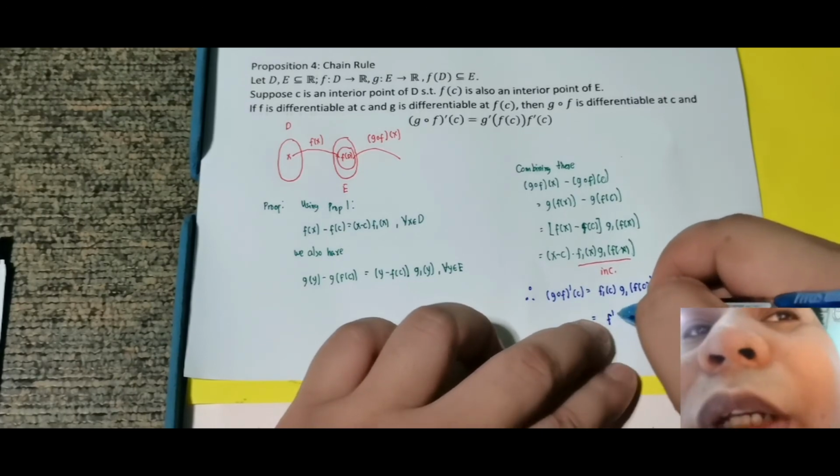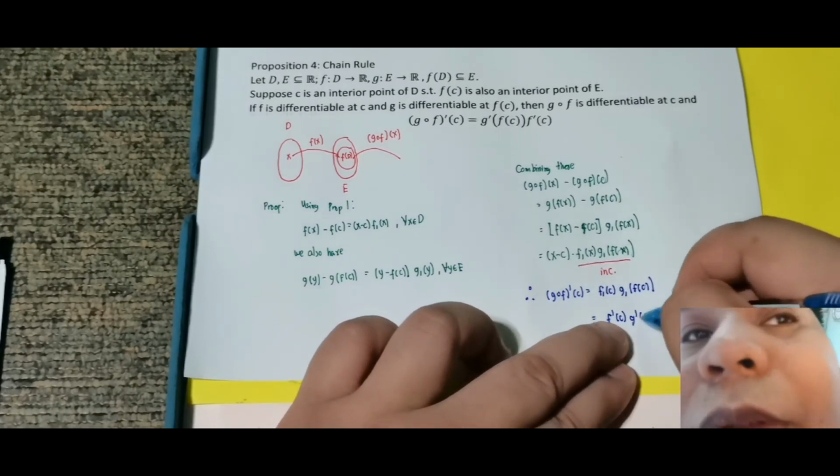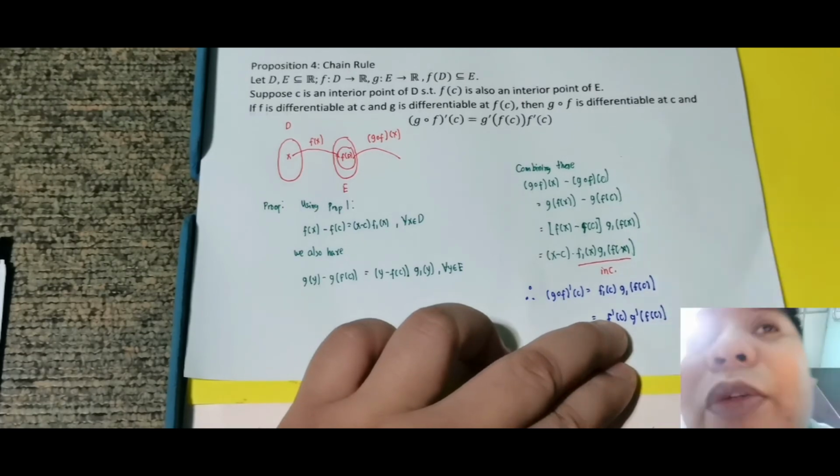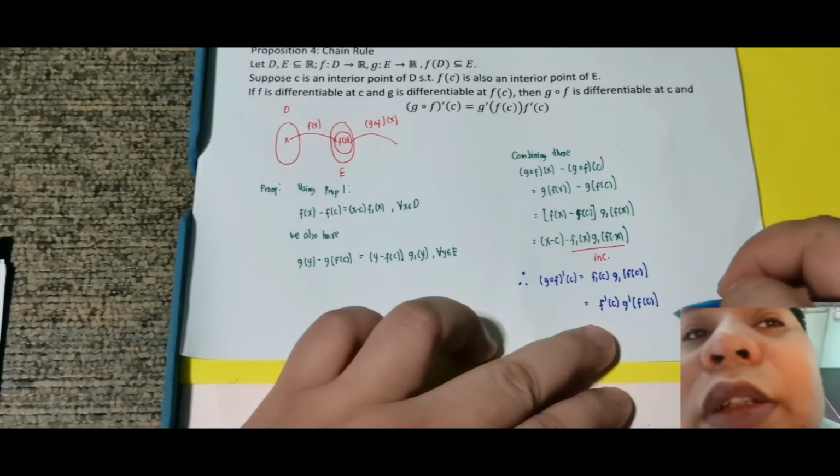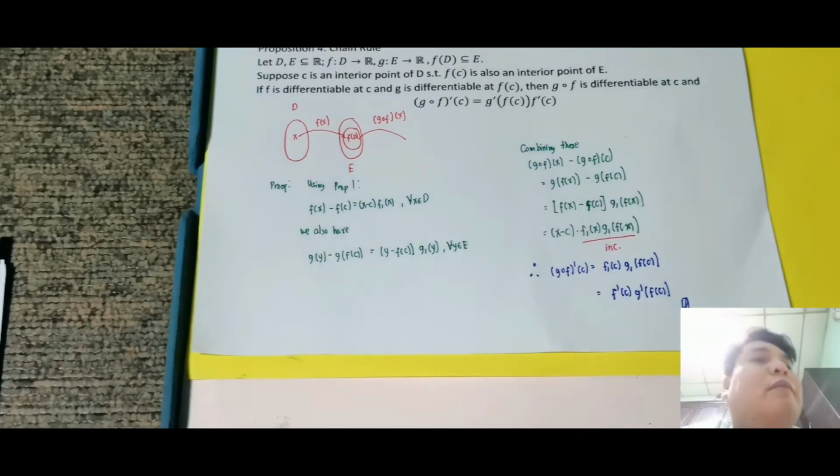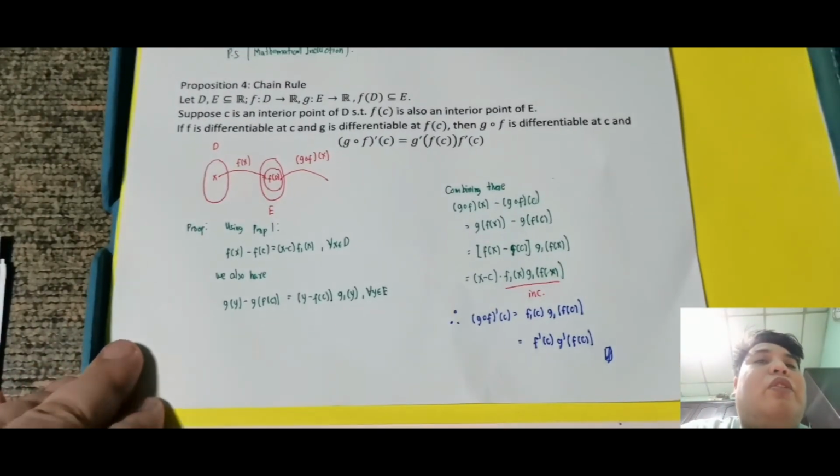So this is f prime of c, then g prime of f of c, which is it. They just swapped places. So therefore this is done. This is how we prove the chain rule.